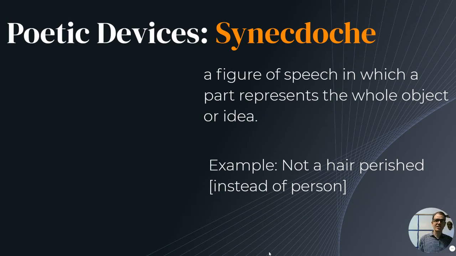Now, synecdoche is one that you've probably not heard of before. And this is a figure of speech in which a part represents the whole object or idea. Okay, so saying not a hair perished is saying nobody was hurt, right? But we're just talking about their hair. We're not talking about the whole person. So that hair is representing the whole person.